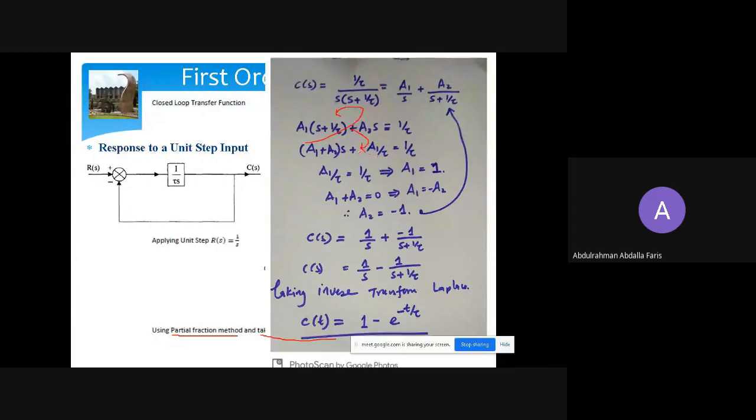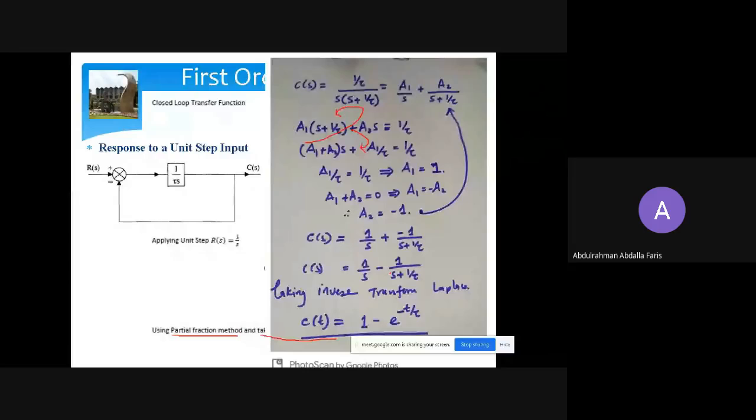This part is similar to that, so we equate the same terms, and we get A1 equals 1. And for (A1 plus A2)s, we don't have any term in s here, so A1 plus A2 equals 0. So A1 equals minus A2, but we know A1 equals 1, so A2 equals minus 1. When you substitute A1 as 1 and A2 as minus 1, you end up with this equation.